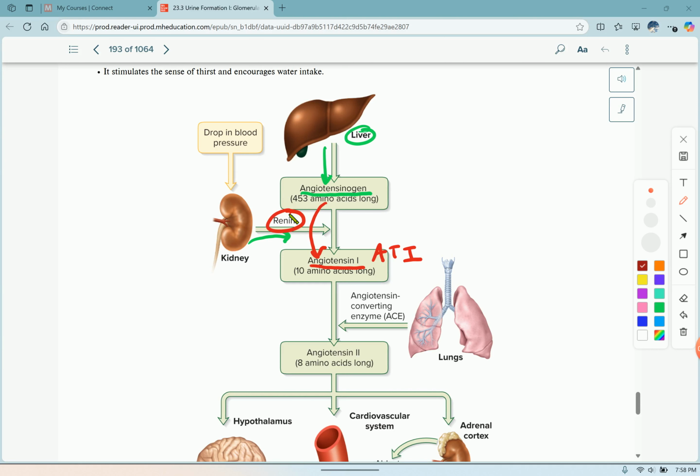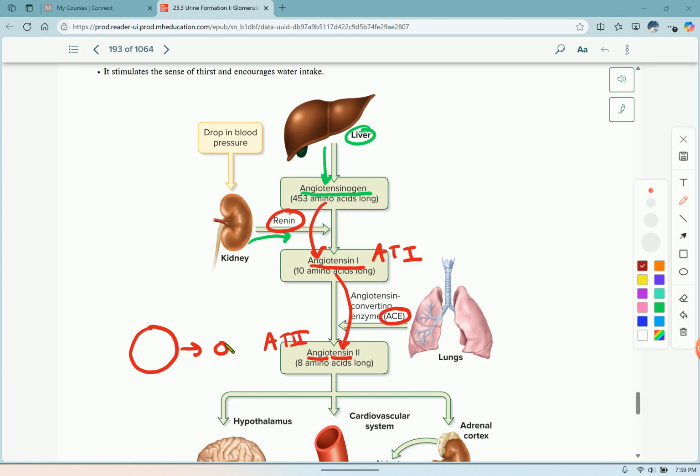The lungs make and release angiotensin converting enzyme, also known as ACE, and what that does is it converts angiotensin 1 into angiotensin 2. Now think about the word angio, blood vessel, tension. So it's going to create tension in this tube, which means it's going to go from a nice open tube to a more constricted tube.